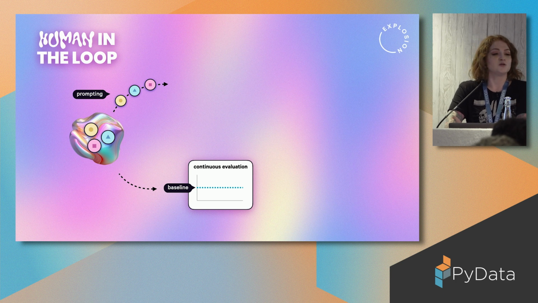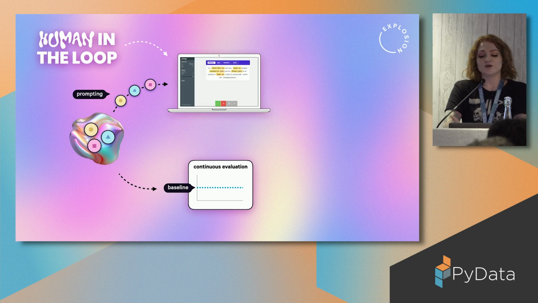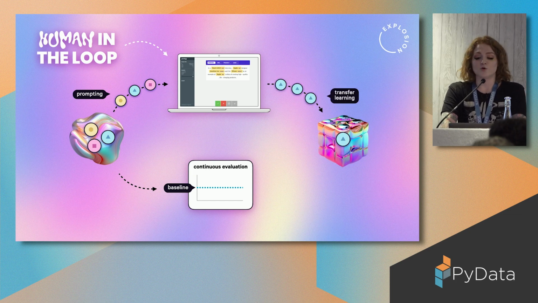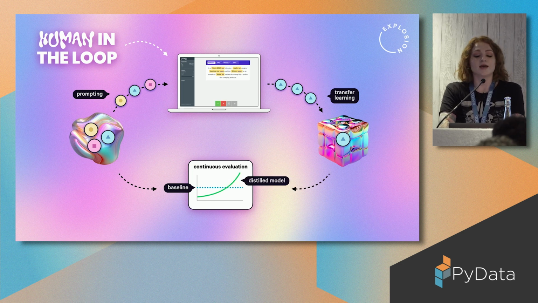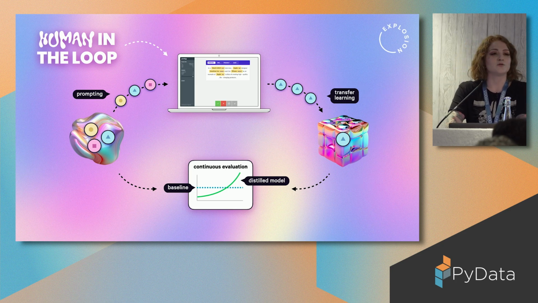And then we can prompt it using all the weights that we have available to solve the specific task and add the specific predictions. And then we can stream that into an interface for the human to review and correct. What we get out of it are the predictions that are correct, and really only those parts and those aspects that we're interested in. And then using transfer learning, we can train our task-specific component, and we can evaluate that, of course. And we do this until our distilled model beats and exceeds the baseline.